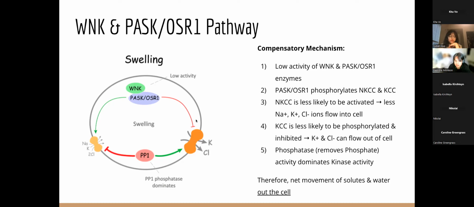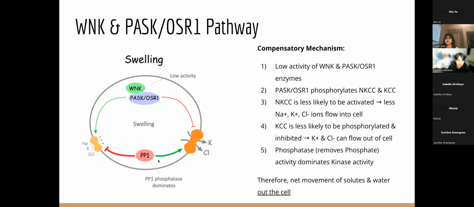In the case of KCC, phosphorylation actually inhibits KCC. So if you're not phosphorylating it as much, it's basically like taking off the handcuffs or shackles from this KCC transporter. Now you're allowing potassium and chloride ions to flow out, right?